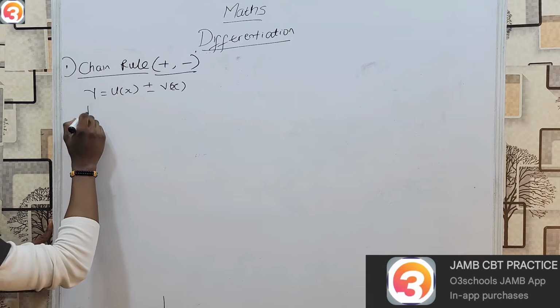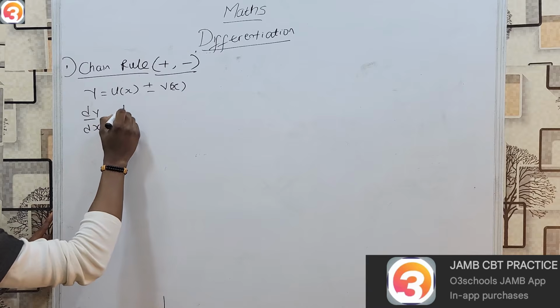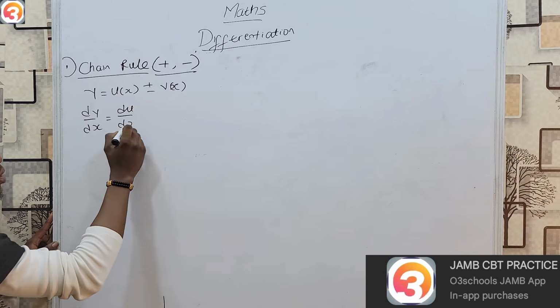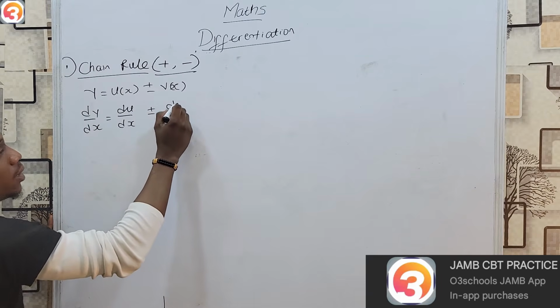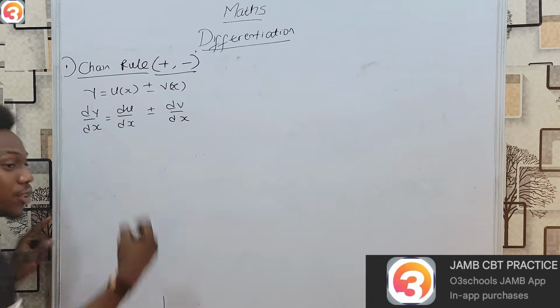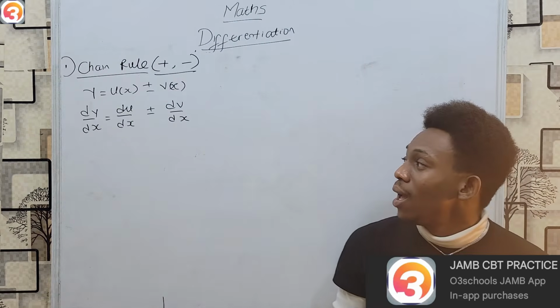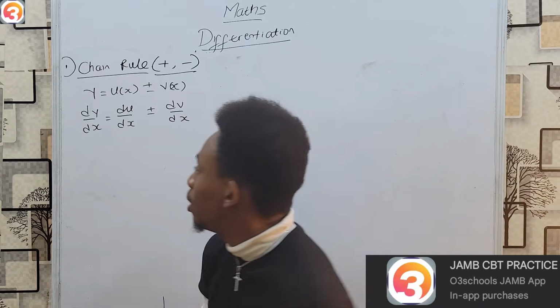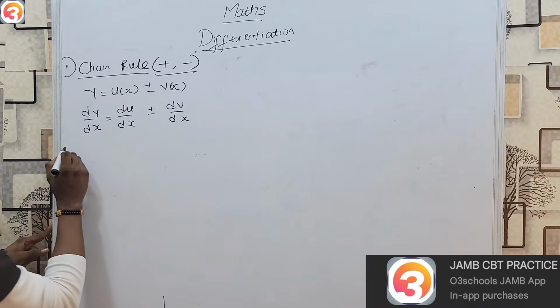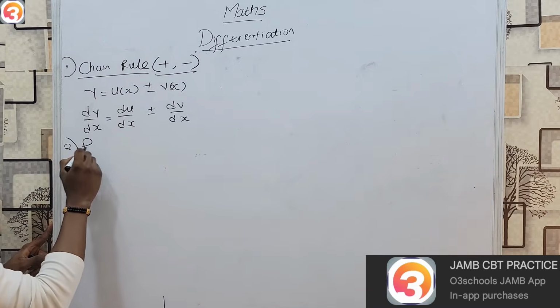In this situation, dy dx becomes, differentiate the first one, du dx, then put the symbol the way it came, plus or minus, and then differentiate the second variable. That means if I have any variables adding or subtracting, I simply differentiate them one by one. I'll give my sign exactly the way it came in my question. So that's chain rule.